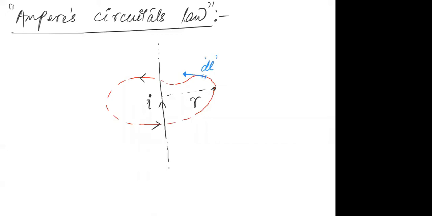Sir, why did you take a tangential element? Try to understand. If you have a circle or a curve, the direction of any quantity on that circle or curve will always be tangential. You must have studied this earlier also.